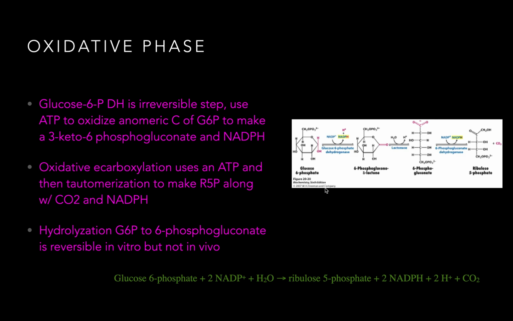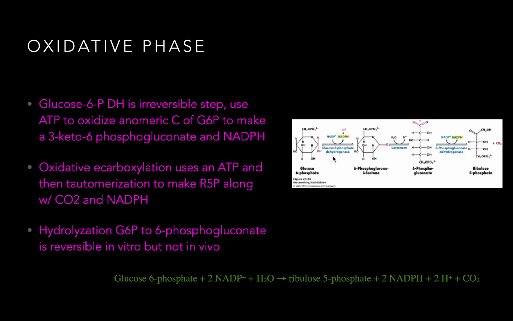So let's start out with glucose 6-phosphate, and using glucose 6-phosphate dehydrogenase, it makes 3-keto-6-phosphogluconate, which is the intermediate between these two. And from there, it also creates an NADPH.